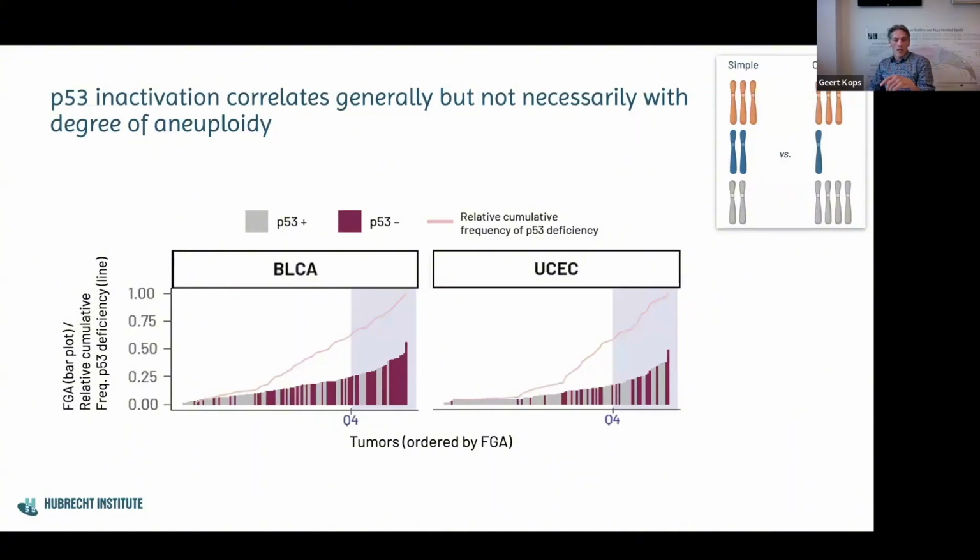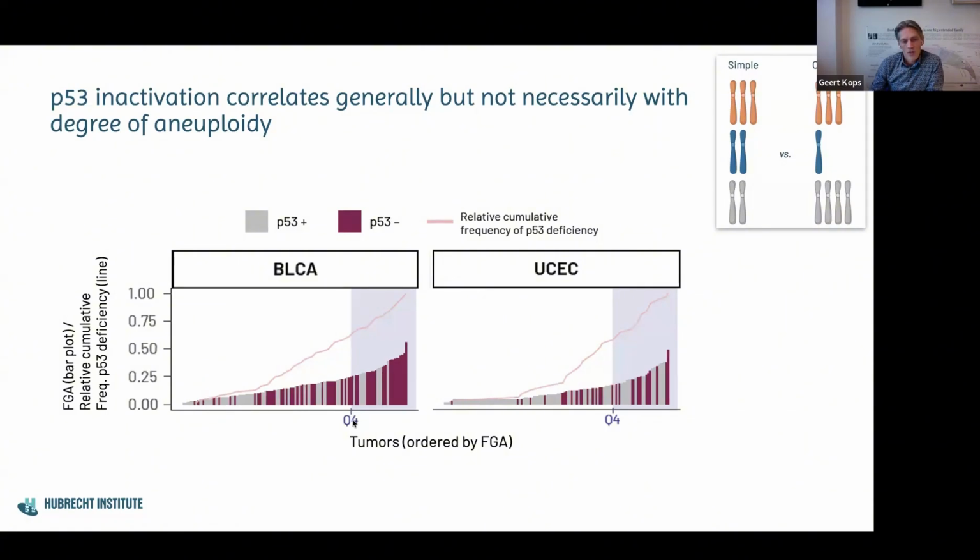But here's another example, a slightly different depiction of this situation of the copy number alterations, sort of the degree of copy number alterations. Here, what we did is we ranked the individual tumor samples now, and I just showed you two examples of bladder cancer and endometrial cancer.